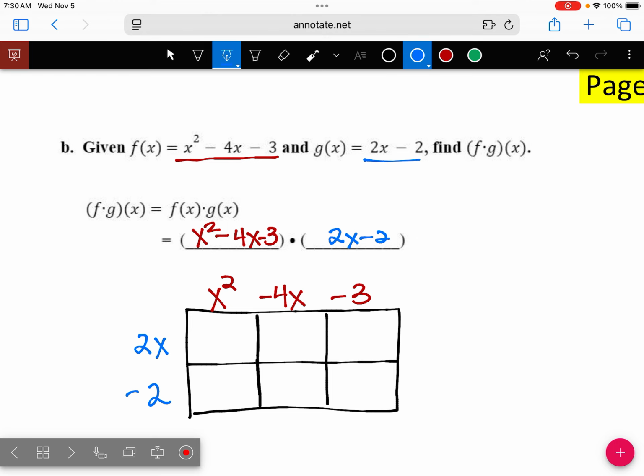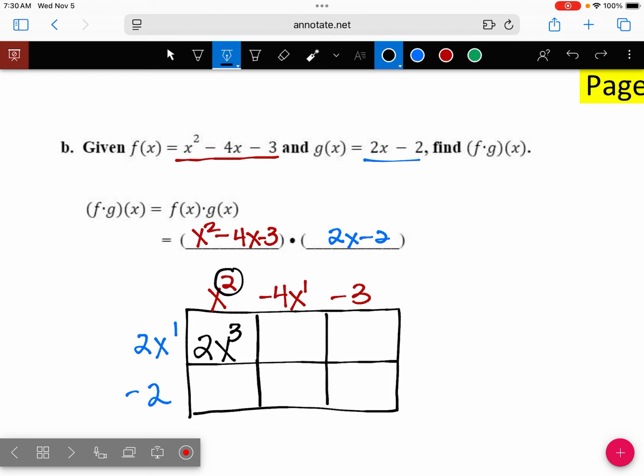So when you're multiplying, you do change your exponents. You're adding together your exponents now. So this has only 1x and this has 1x. So in this first square, I would have 2 and then it's 3 x's, 2x cubed, because I have to add together the 1 and the 2.